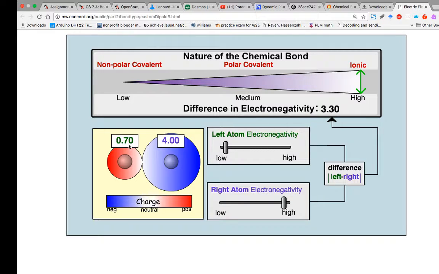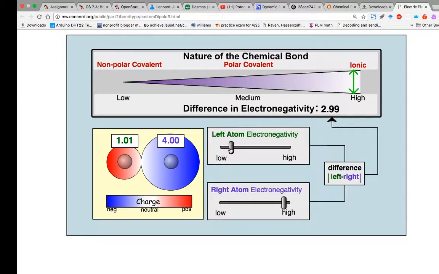Now this guy, compared to that guy, 0.7 compared to 4, has a very low attraction for any electrons that fall in between these two atoms. This is a nucleus, this is a nucleus, and this blue cloud is the electrons, this red cloud is the electrons.